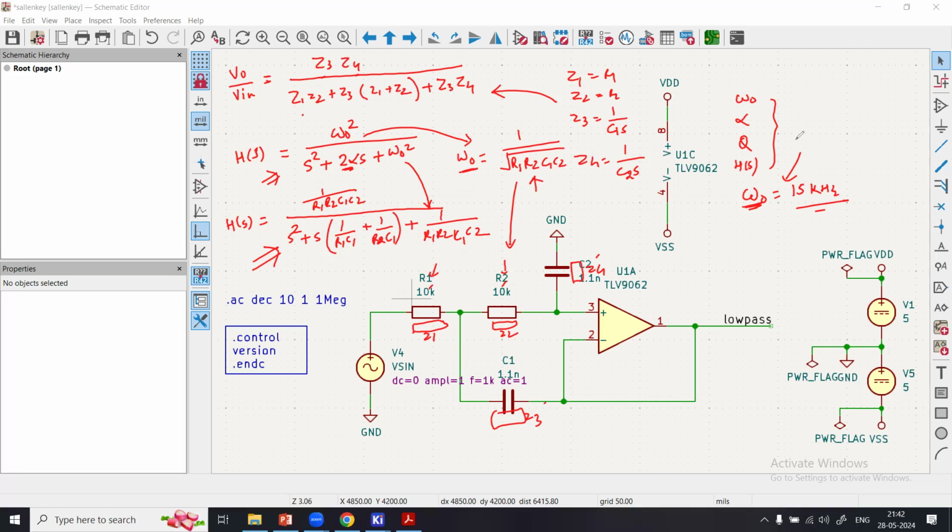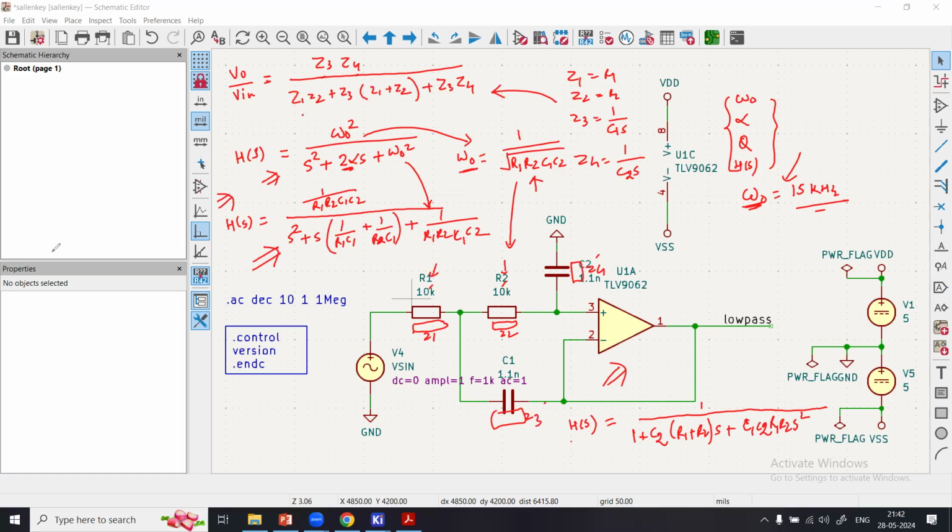In other words, the H of S for this low pass filter can also be written as, because we now know the formulas for all these parameters, 1 over 1 plus C2 (R1 plus R2) S plus C1 C2 R1 R2 S square.